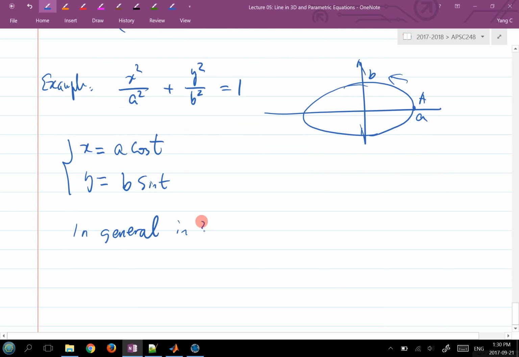In 2D, here is the general Cartesian equation for an ellipse. This is in general. And at the end of the lecture, without really deriving it, I'll give you a parametric equation for a circle in 3D.